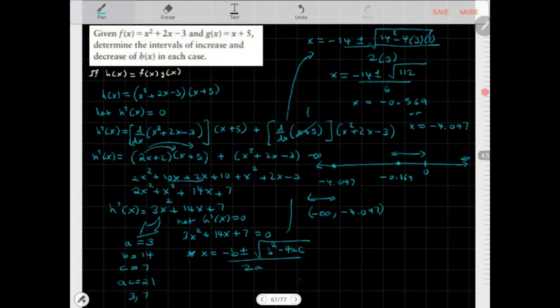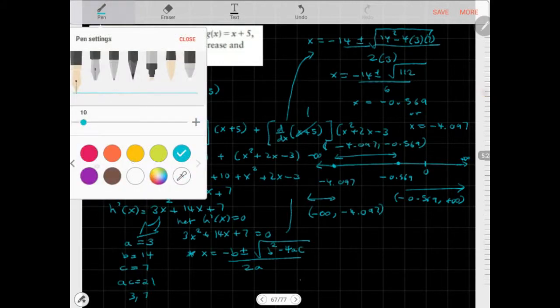This interval here is between negative 4.097 and negative 0.569. Oh, sorry about that, I didn't see that, I should be looking at this interval. And the third interval is going to be out here, between negative 0.569 and positive infinity. Okay, so now we have 3 intervals.